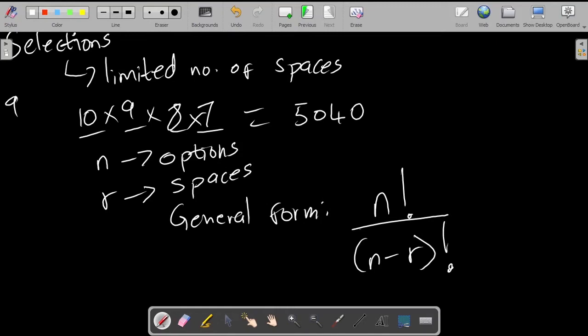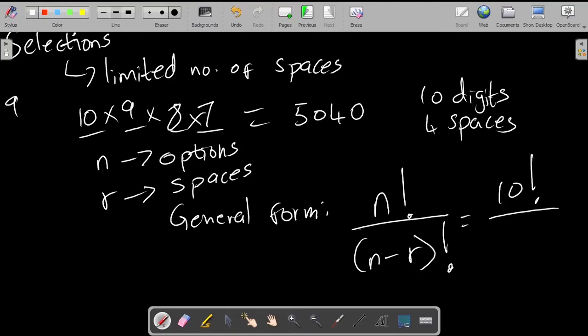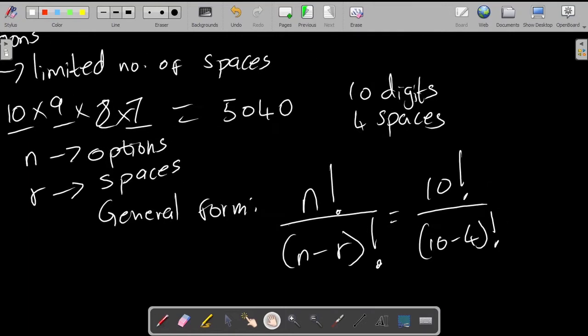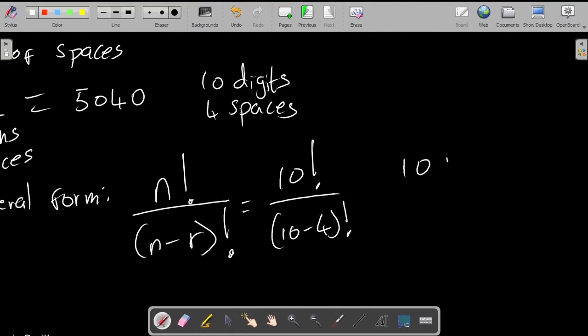In this case, since we have 4 spaces and 10 digits to choose from, the options are 10, and the spaces are 4. You can write this out as 10 factorial divided by, first computing the value in the bracket, which is 6. So that would be 10 factorial divided by 6 factorial, and that gives you the exact same answer.